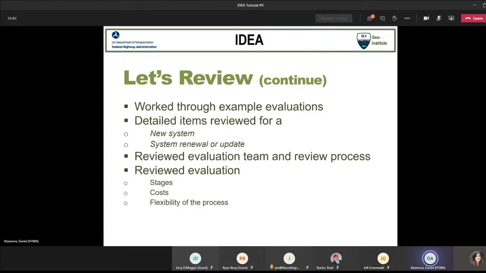We also talked about the different stages of the evaluations, as well as the costs and the flexibility of the process, how a system supplier submits their submittal in stages, right? So they have one stage, and they can make adjustments or decisions at each part of the stage to give them flexibility if they need to add some more information or go back to get some additional research or data for a given evaluation.